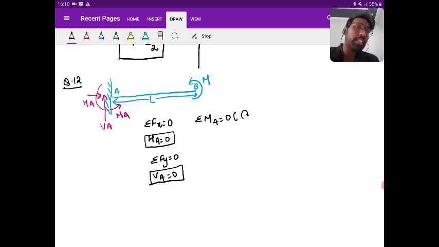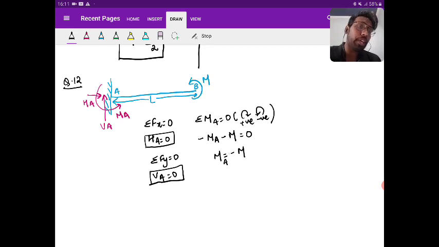Let us say clockwise positive, anti-clockwise negative. So MA is also negative and M is also negative, so this is equal to 0. MA is equal to minus of M. What do you mean by the minus sign? The direction you assumed for MA should be opposite.